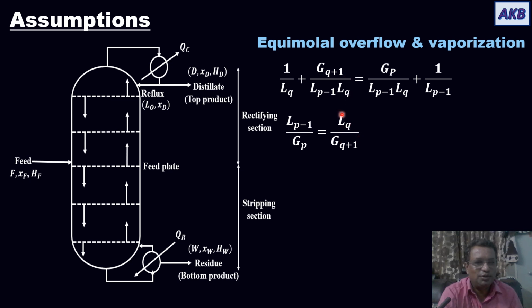The term actually present in the equation is GQ plus 1 divided by LQ, which is a reciprocal of this.